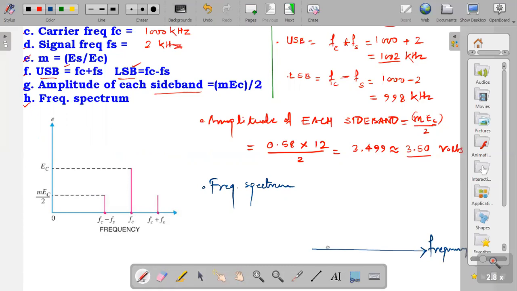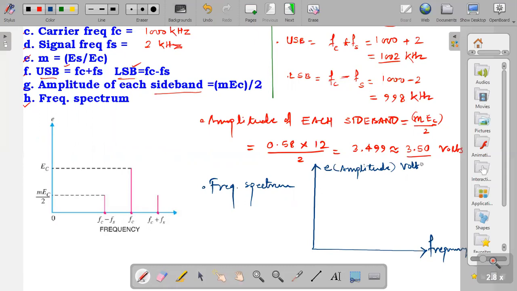Then draw the y-axis, and the y-axis is your amplitude denoted by E. I can write here amplitude. And can you tell me what is the unit of amplitude here? The unit is volt. Okay, so the x-axis is frequency and the y-axis is the amplitude of each frequency band.